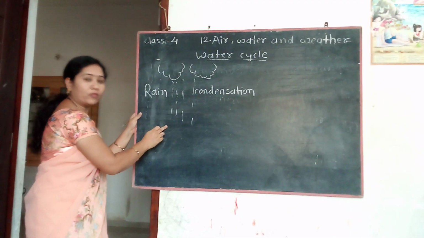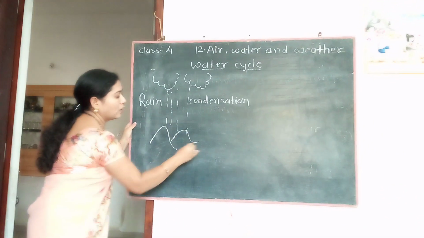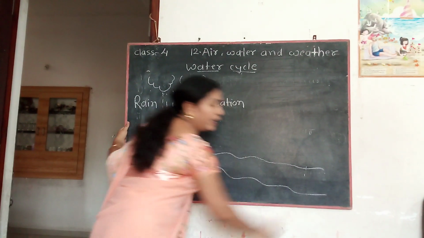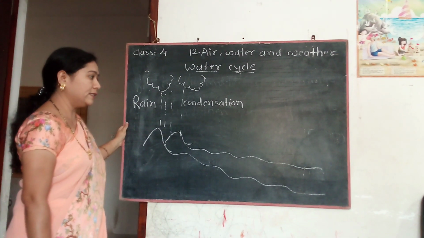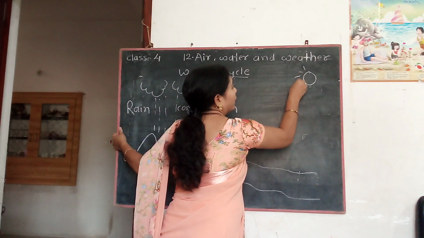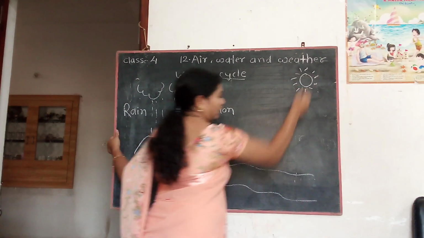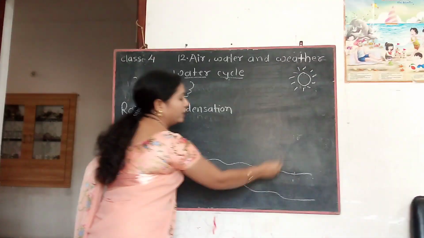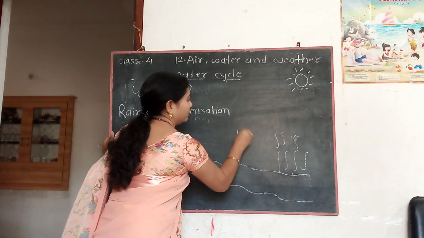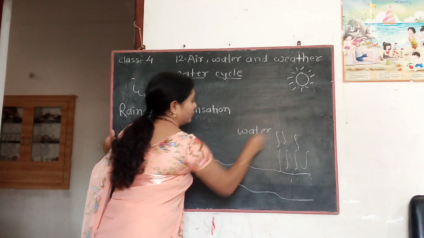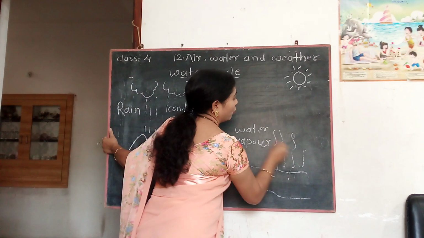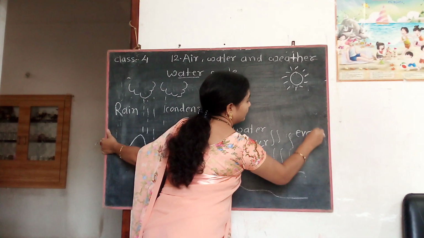This water of rain fills up rivers, seas, lakes, ponds, etc. Then, because of the heat of the sun, this water changes to water vapor by the process of evaporation.